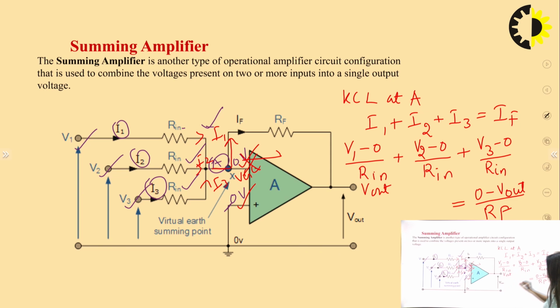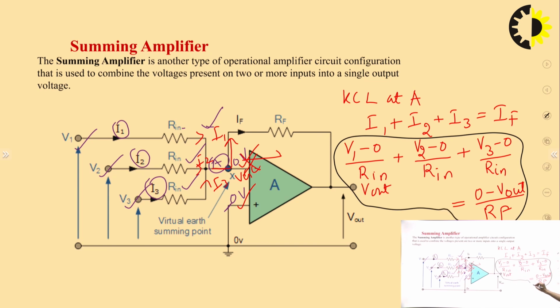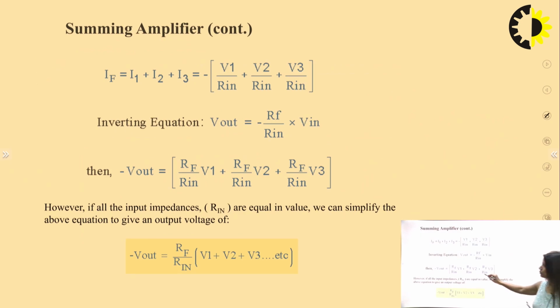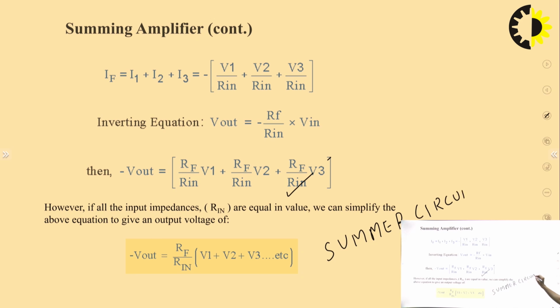If we solve this expression, then we get V out equal to minus RF upon Rn V1 plus RF upon Rn V2 plus RF upon Rn V3. So all the voltages have been added in the final expression after applying Kirchhoff's current law. So this is used as a summer circuit, a summing amplifier.